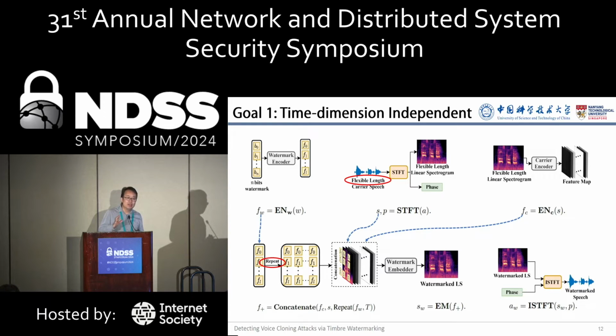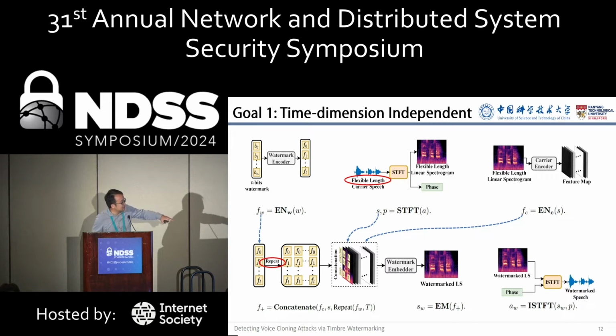Also, given the protected audio, we perform the Fourier transformation to extract the frequency domain, the spectrogram. Because the spectrogram is more robust, we embed the watermark message into the frequency domain. So we use a carrier encoder to get the features of the frequency domain.